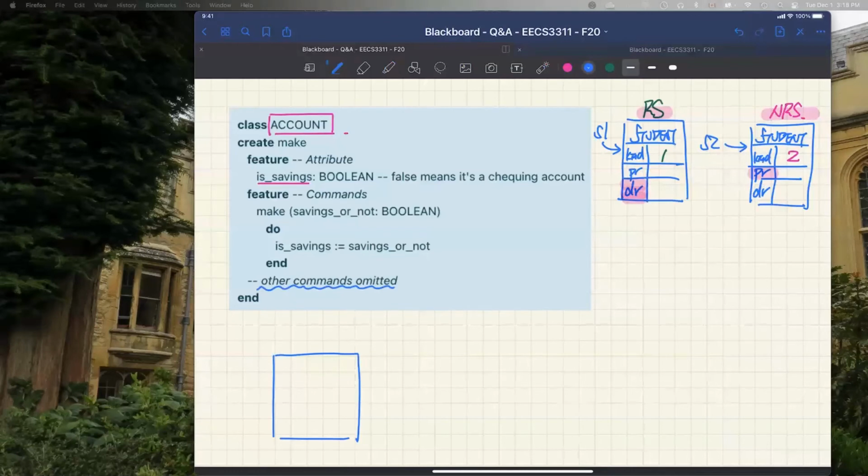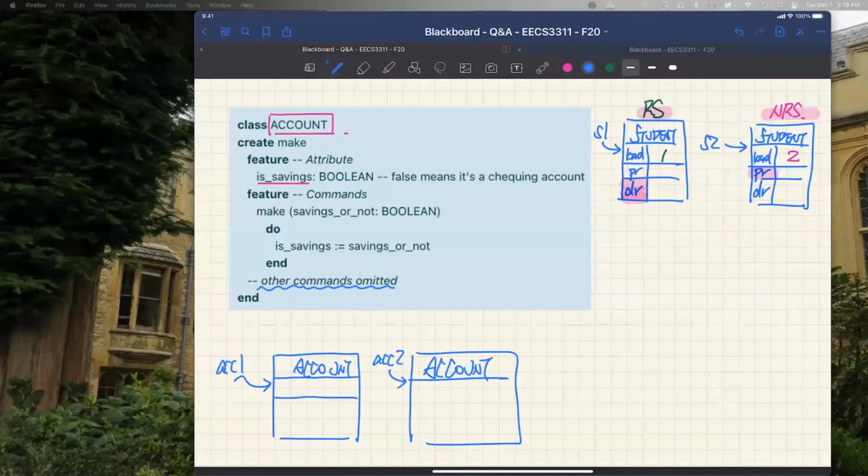So let's say, for example, over here we simply have account, and a very similar scenario over here, and also we have account. The same. Let's say ACC1 and ACC2 over here. Let's say over here we still have 3, and the one I already showed you in the quiz question was is savings.